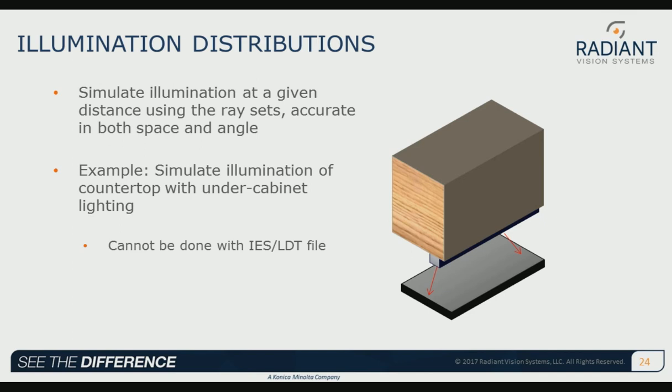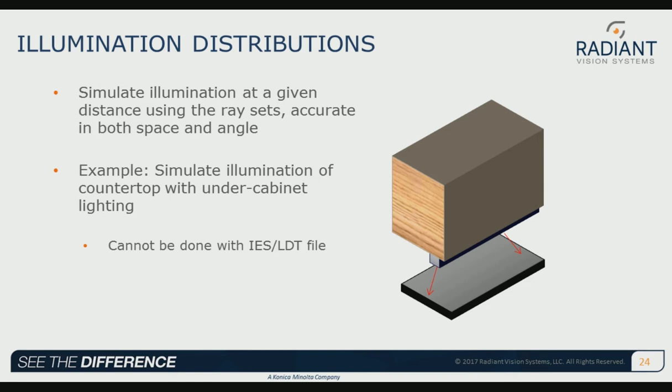This is just an example of what we had talked about before with seeing the illuminance distribution at any arbitrary distance from the source. So let's say your goal is to, for example, simulate the illumination of a light that is placed under your countertop or in a cabinet or under a shelf or duct. You can do it with a near-field measurement.